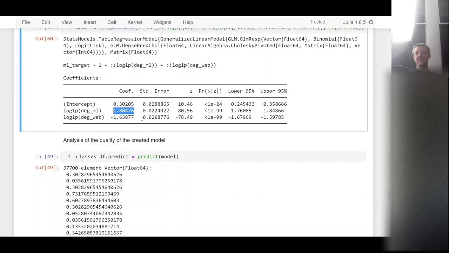It means that if I increase the number of my machine learning friends, the probability that I am a machine learner increases. While this other number means the opposite, because this number is negative. It means if I see that I have more web friends, the probability that I am a machine learning developer decreases, which means also that probability that I am a web developer increases. Is it clear? Okay.